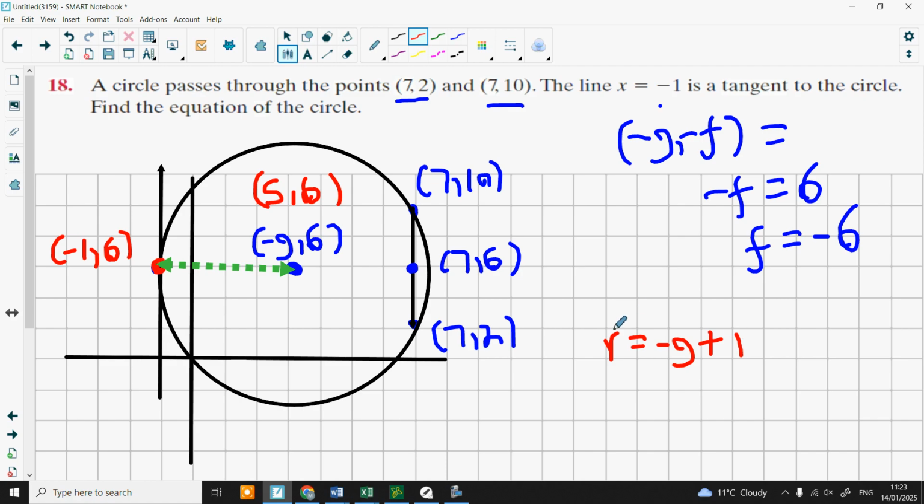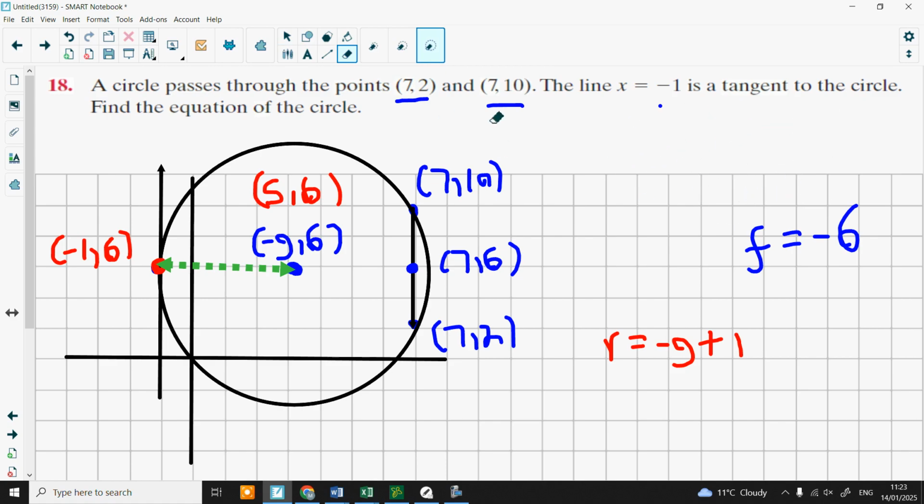Now, just so we're aware, I'm going to park that up here for a minute. Realistically, we're all going to go through the same thing we always do. We're all going to sub that into the g, f equation, wouldn't we?